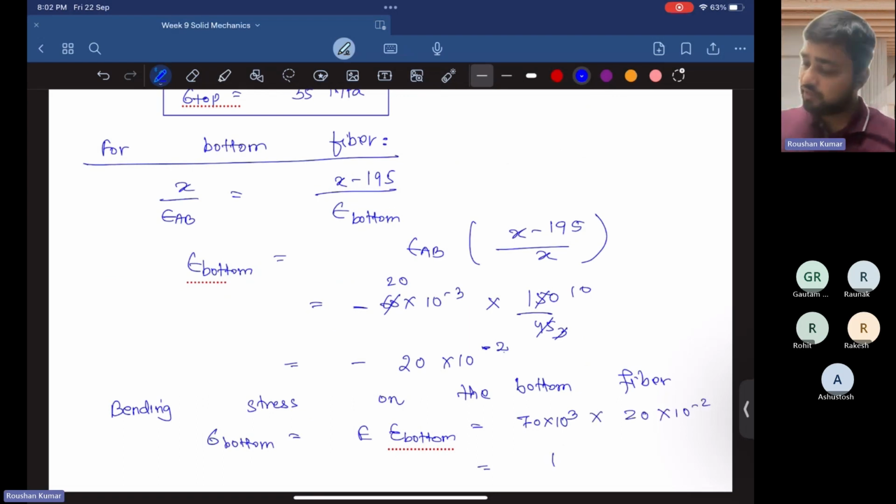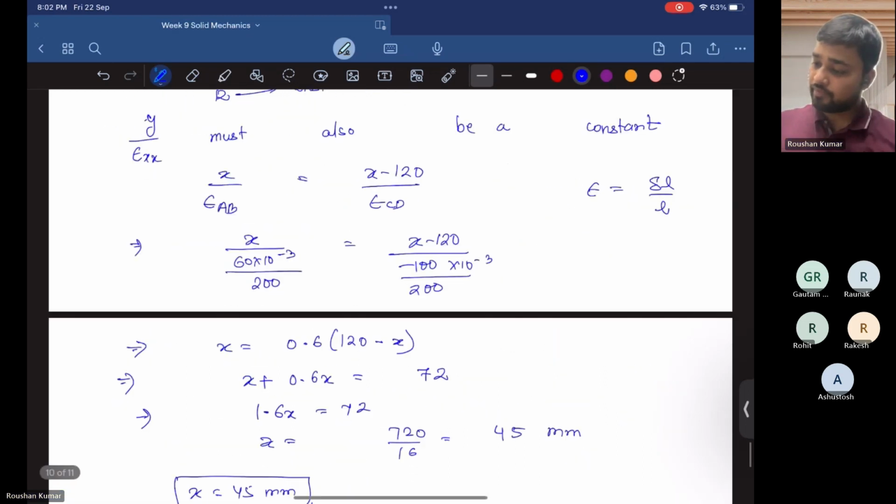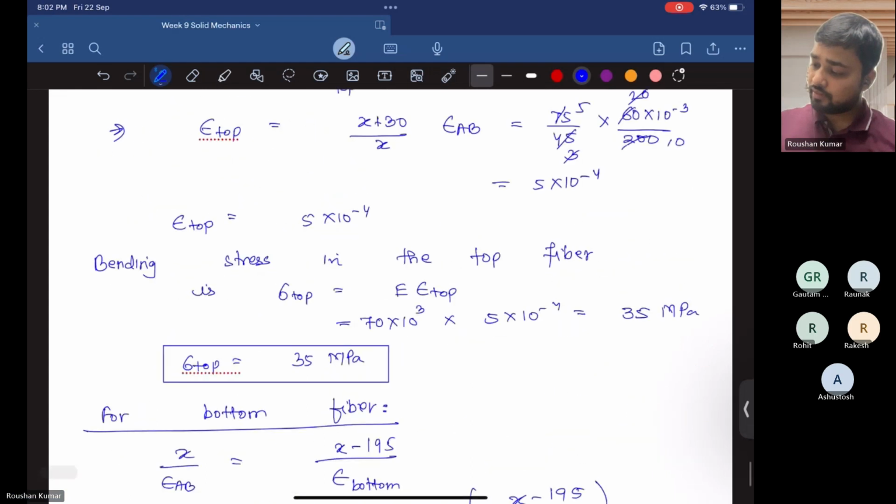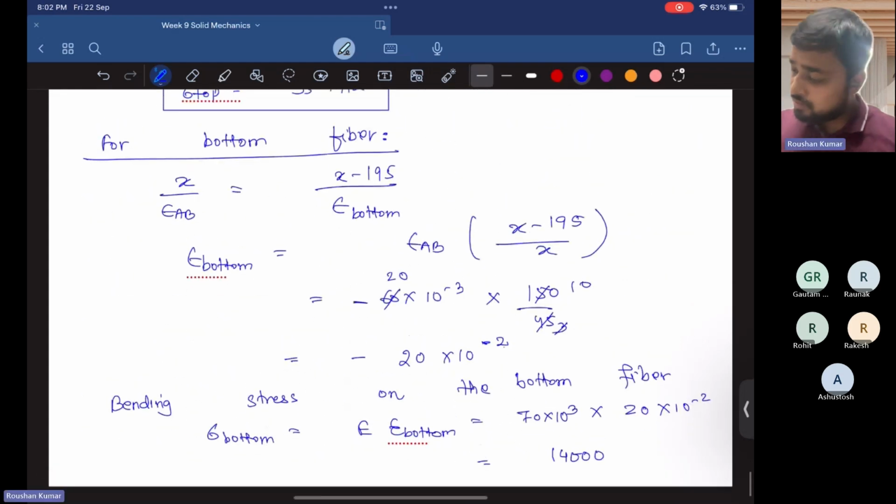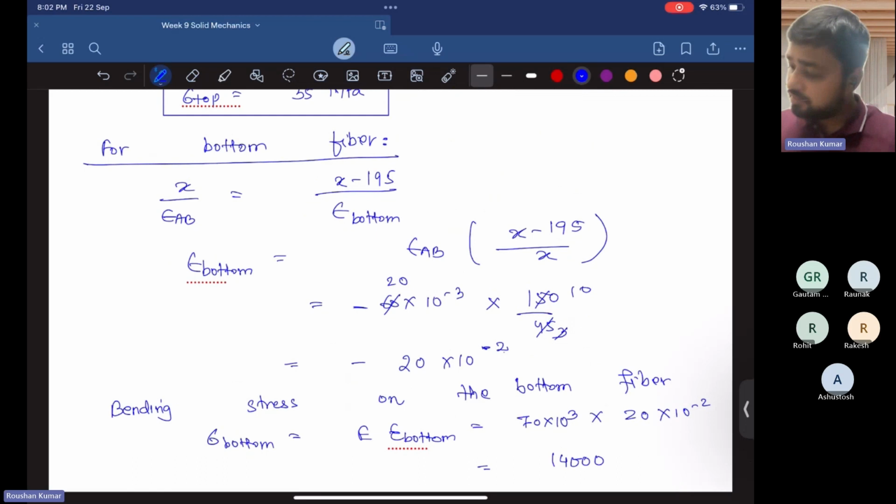That is 14,000 megapascal, minus 14,000 megapascal.